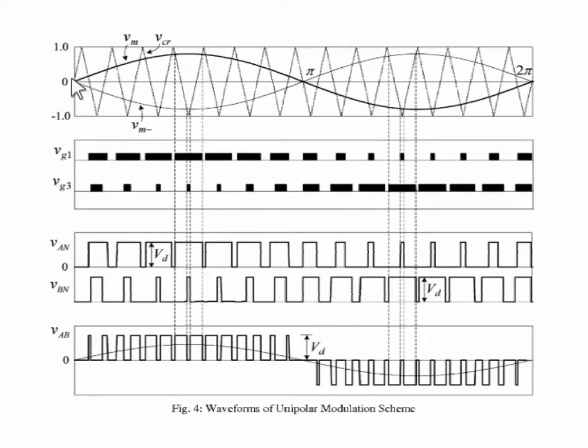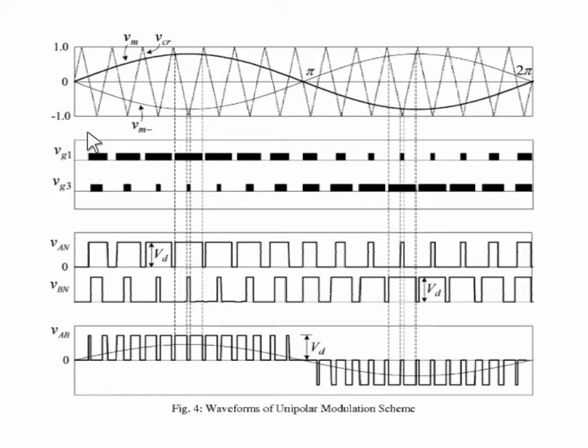In this scheme, the PWM pulses are generated when the magnitude of the triangular wave is less than the sine wave. Here, at this point the magnitude of the triangular wave is high, so we don't get any pulses.